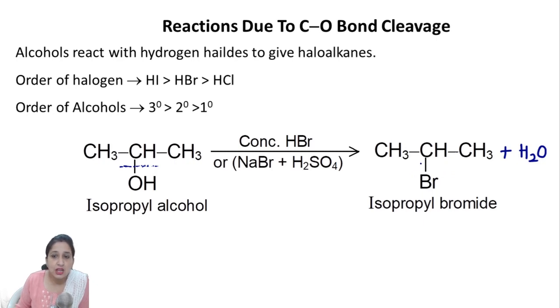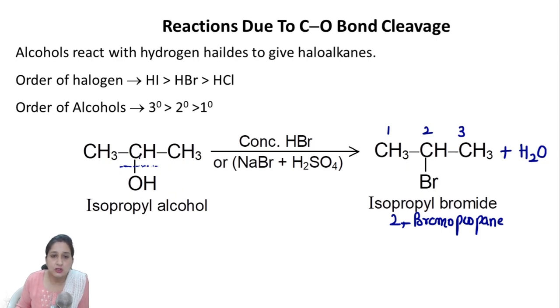So this is your haloalkane. If you want to write the IUPAC name of this, its name will be 2-bromopropane, because bromine is attached to the second carbon. Similarly, this is your secondary alcohol.